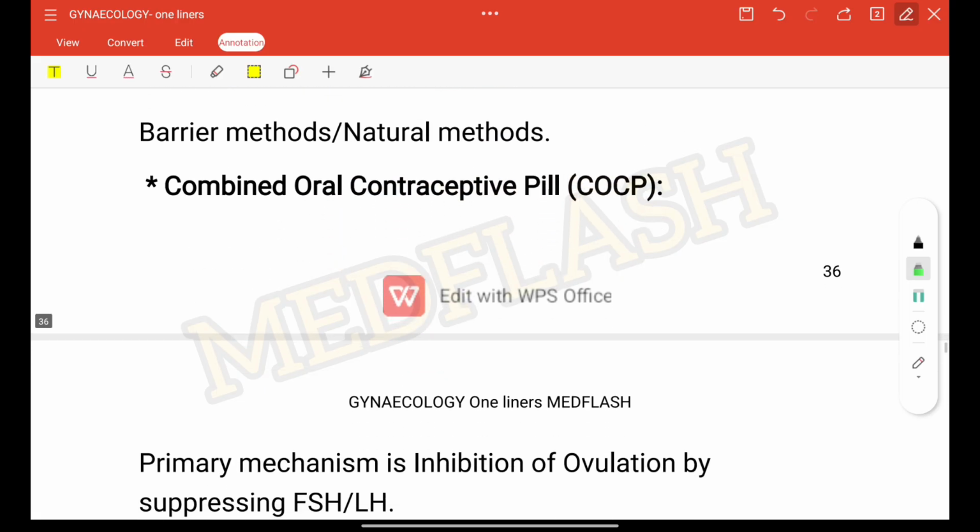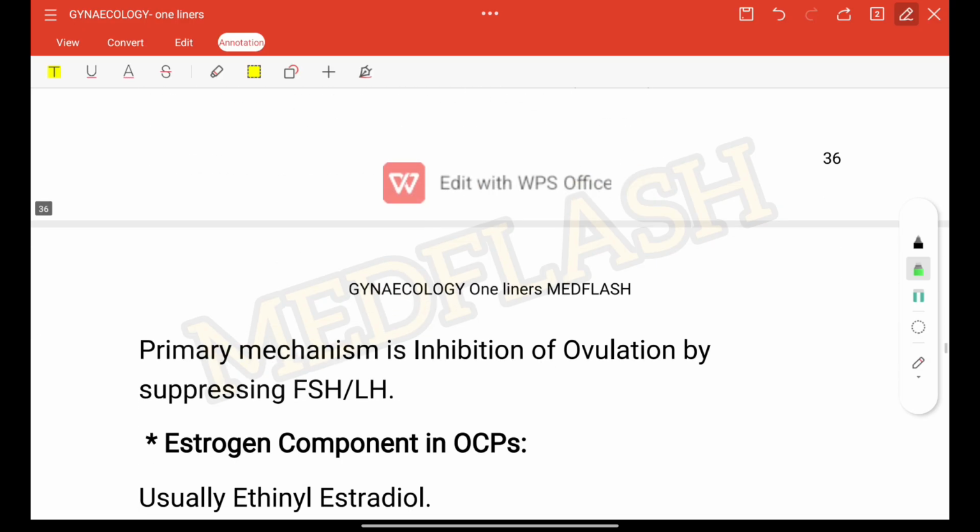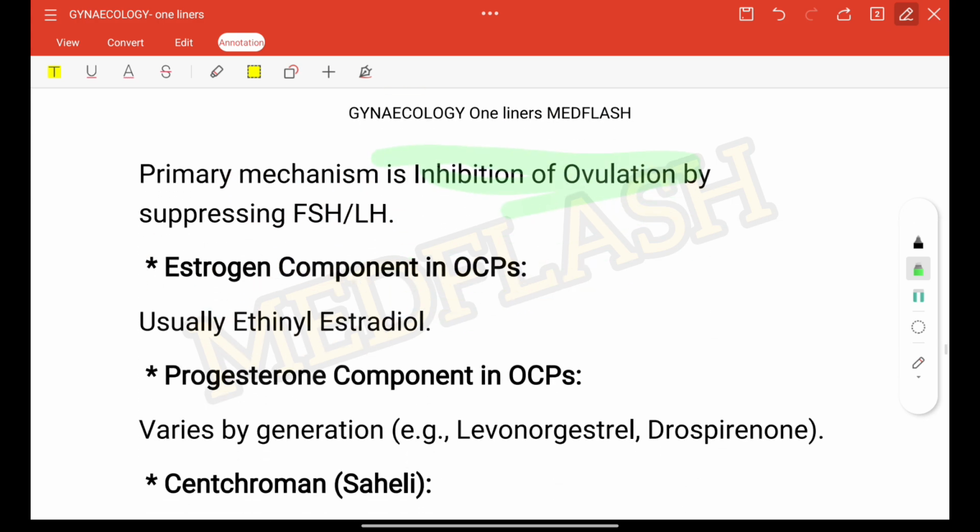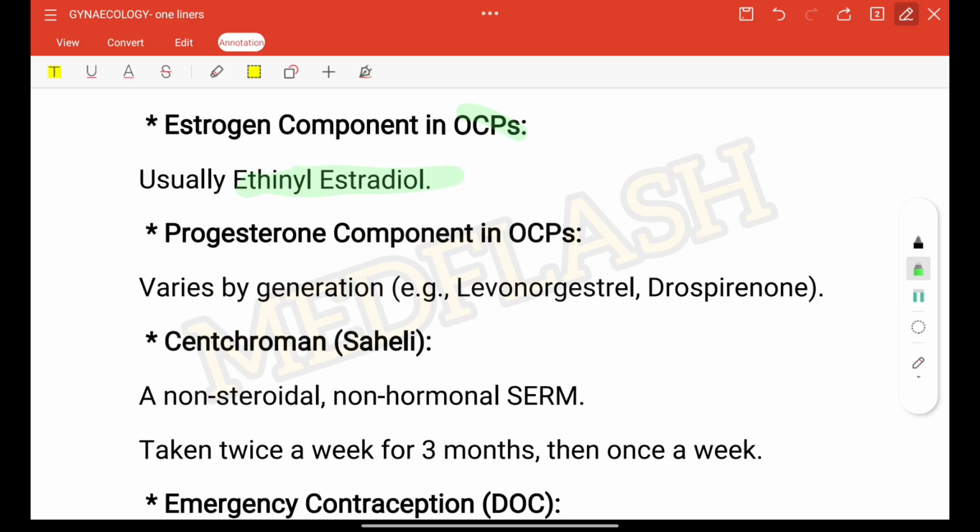Combined oral contraceptive pill primary mechanism is inhibition of ovulation by suppressing FSH and LH. Estrogen component in OCP is usually ethinyl estradiol. Progesterone component in OCPs varies by generation, for example levonorgestrel, drospirenone.